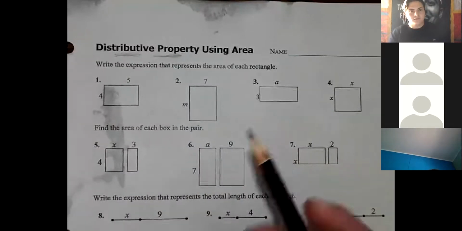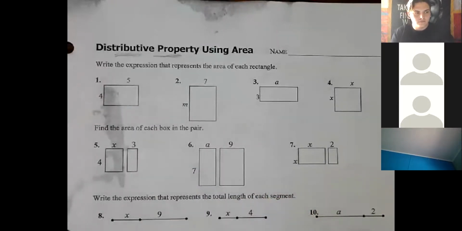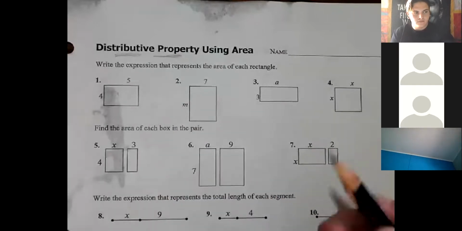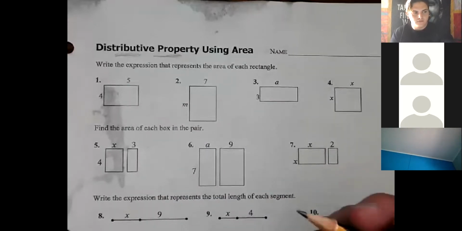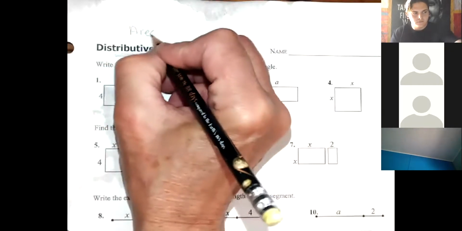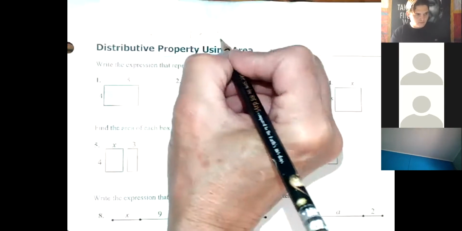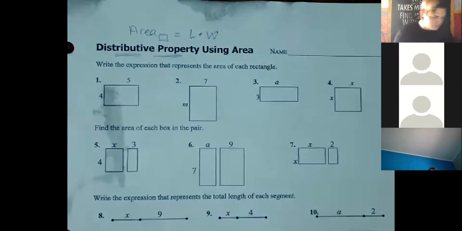So the first part of this is going to feel a little bit like geometry. If you happen to remember the formula for the area of a rectangle, it's just the length times the width. What we get out of this formula is the number of little squares that would fit inside.